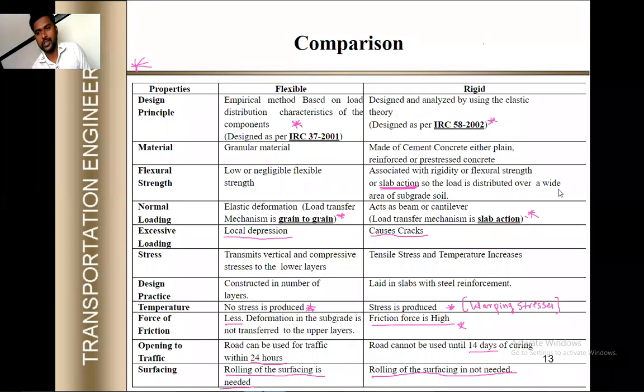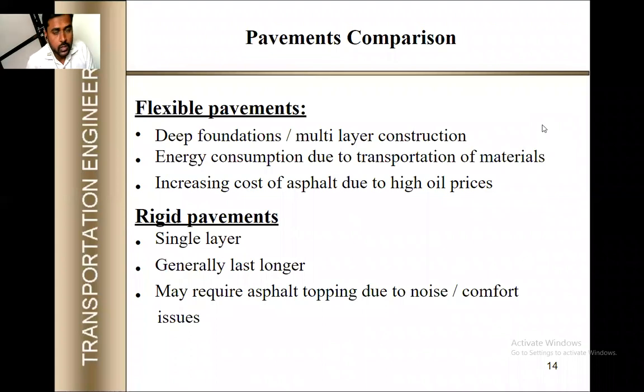Okay, we will move forward. So this is a very important comparison. I said you should remember this. We have seen the flexible and rigid pavement comparison. In the flexible pavement, a deep foundation and multi-layer construction is provided.